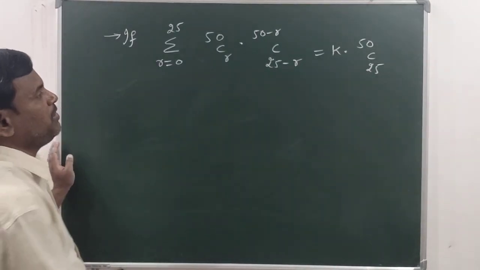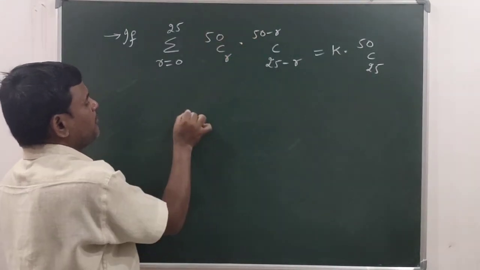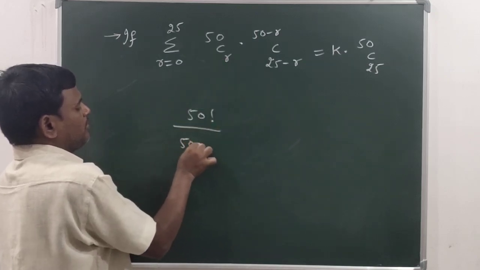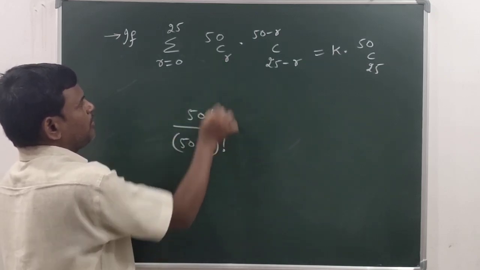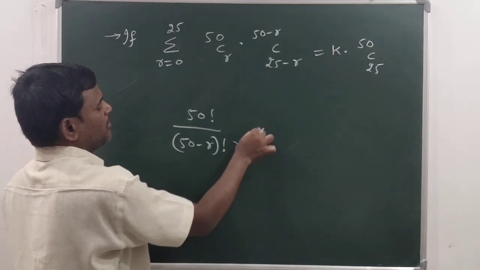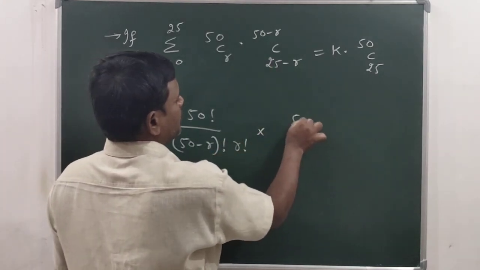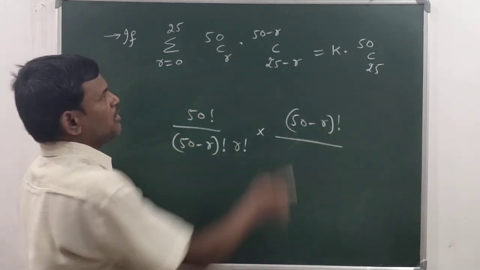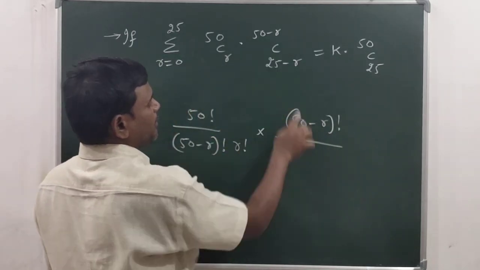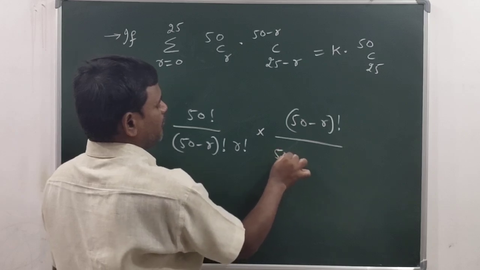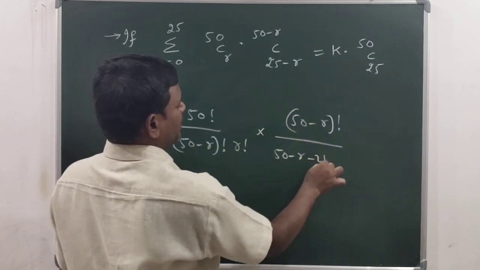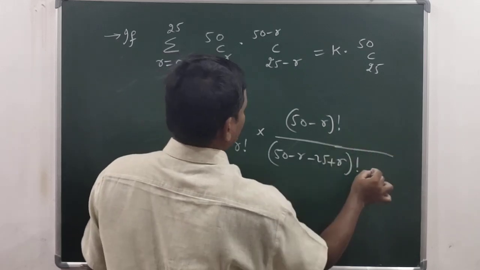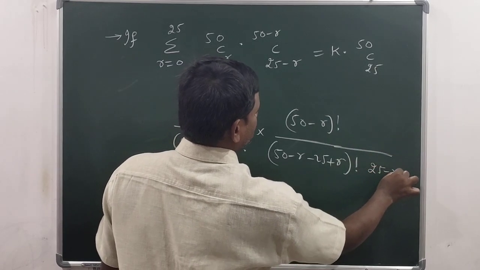First I would like to simplify this. If I simplify, what will I get? 50 factorial by (50 minus r) factorial into r factorial, and this one (50 minus r) factorial by (50 minus r minus 25 plus r) factorial into (25 minus r) factorial.